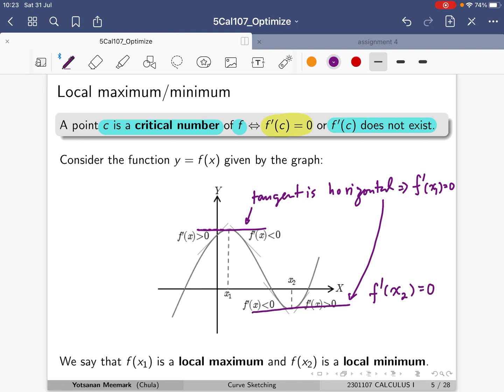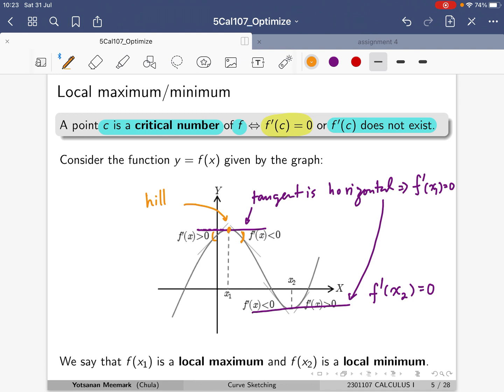You see that this one is a peak, or sometimes we call it a hill. By a hill, it means that if you consider the neighborhood of that point, that peak will be the highest value among those nearby.